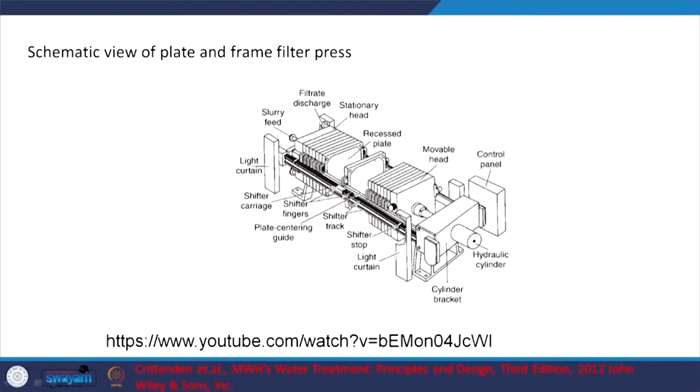These are the different kinds of plates, and here you have a filter and the sludge will be here, and when I press up against it, the water will flow out through that particular filter. You can look at a relatively good video, given in this link here, that will help you visualize the mechanism.